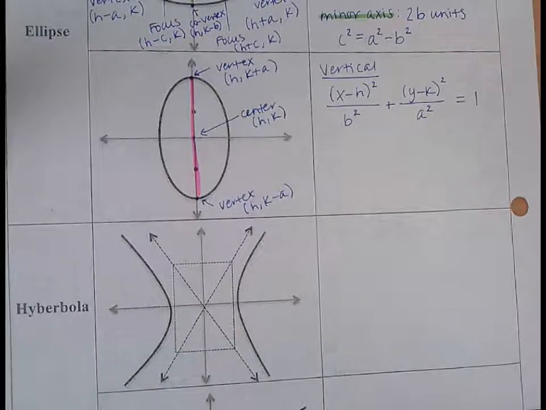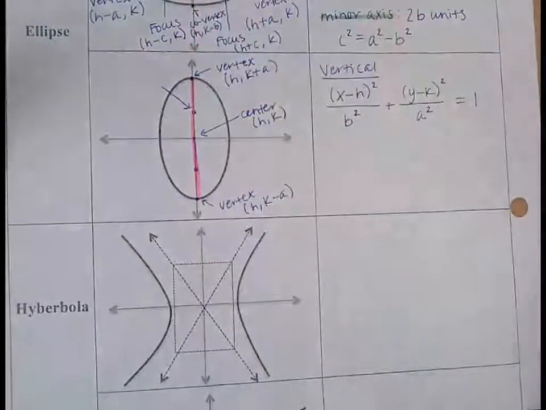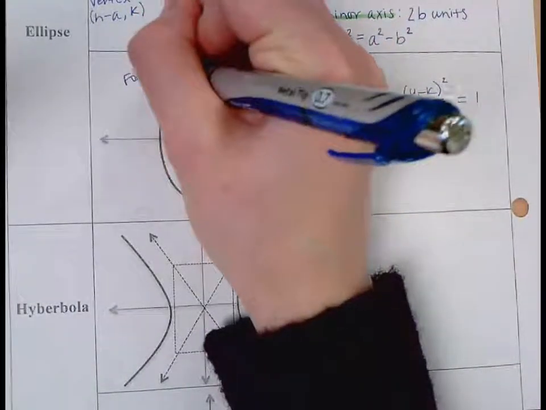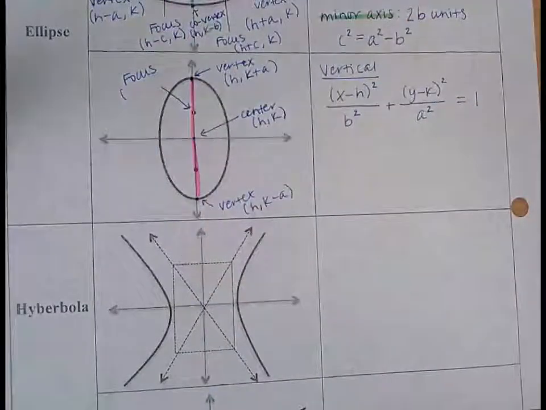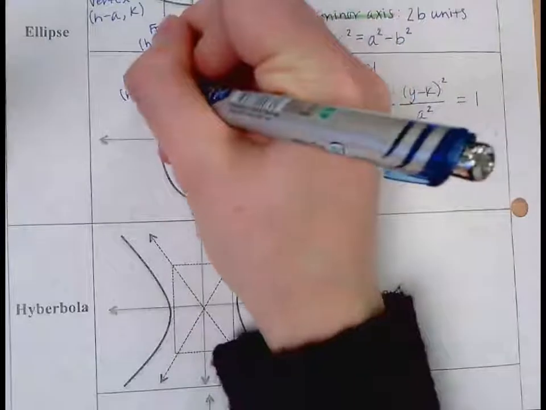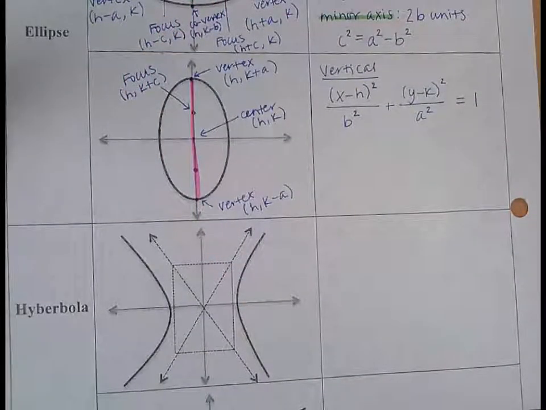And then the two foci are also on that major axis. I'll label the top focus first. So the top focus has the following coordinates. X-coordinate is h, y-coordinate is k plus c. It's again from the center to a focus, that's a distance of c.